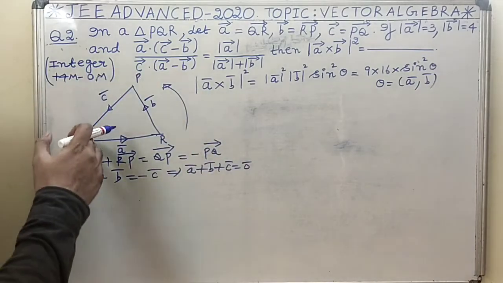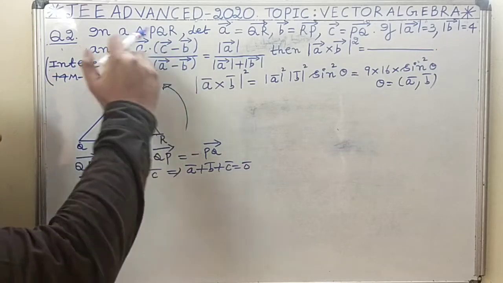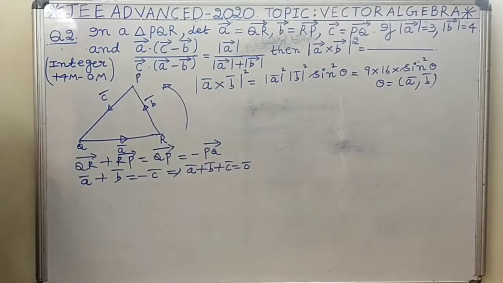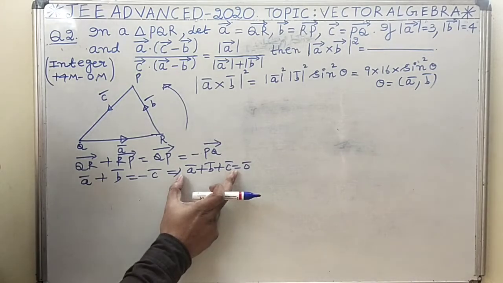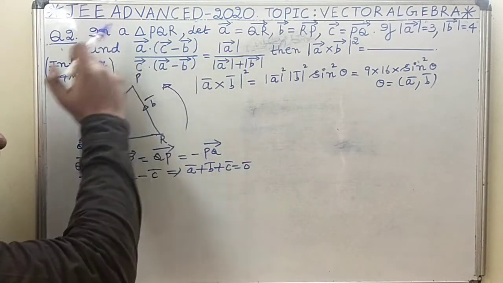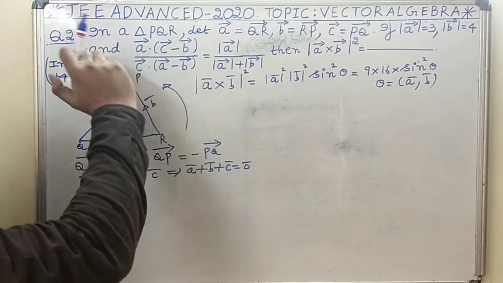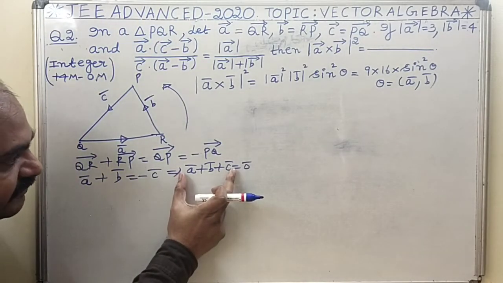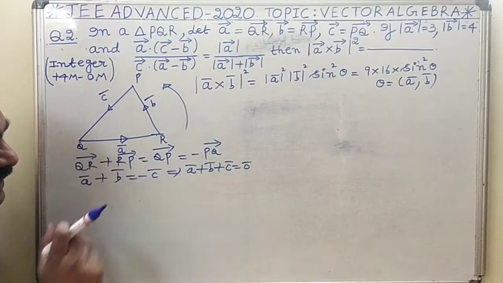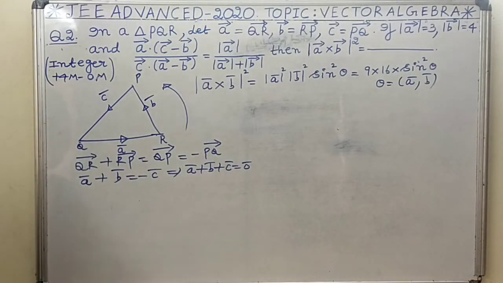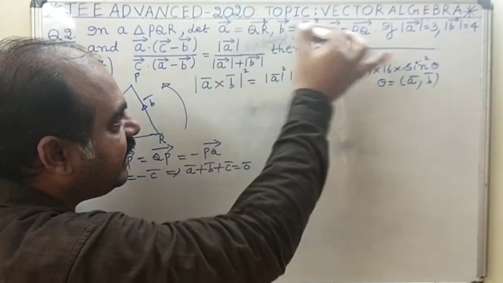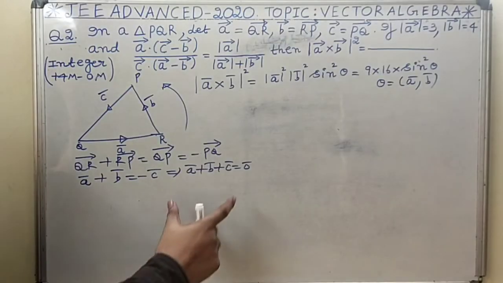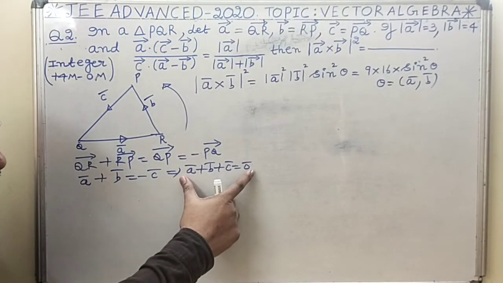If all three vectors are represented in the same sense in the triangle, then the resultant will be 0. Whenever three vectors are in the same sense, either anti-clockwise or clockwise, the sum of the vectors is nothing but a null vector. Immediately, whenever a triangle is given and all the vectors are given, we establish such a relation. So this is the relation.